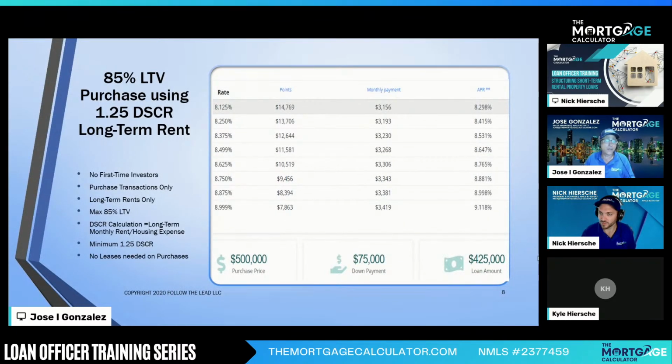So, one of the first things that we look at, obviously, is just the overall will the property cash flow, right? That's the first thing. We have a property that the investor is buying and they tell you, yeah, Jose, we're going to do short-term rentals on that property. Okay, that's great.